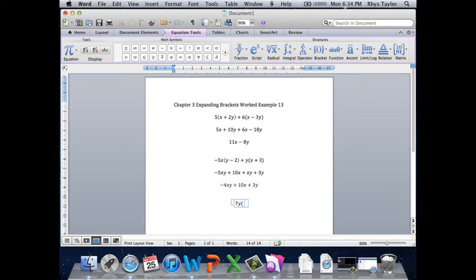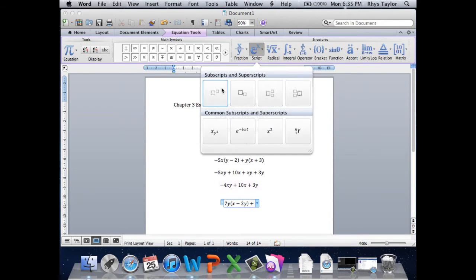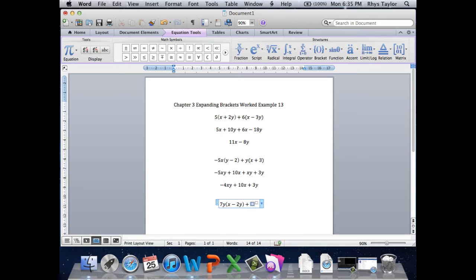7y(x take 2y) plus y squared outside of the set of brackets (x plus 5).